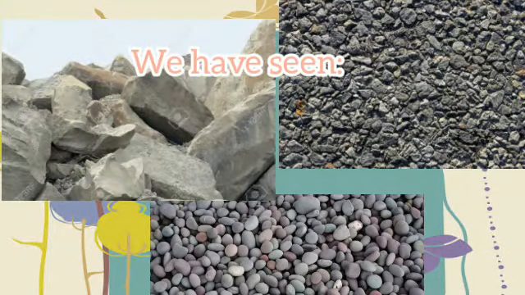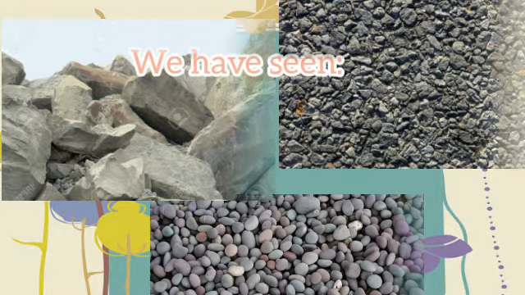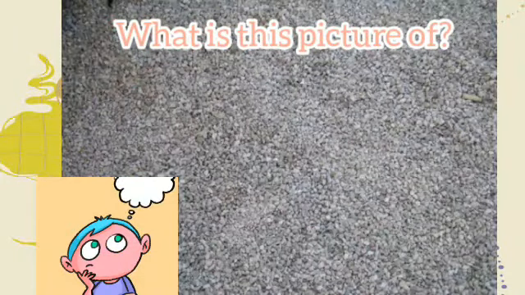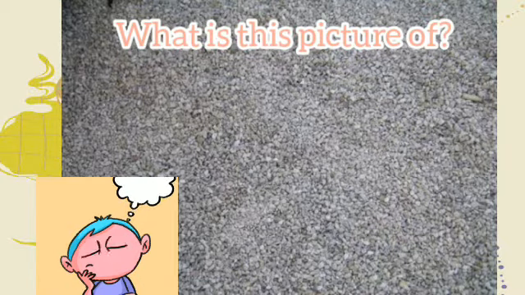Up till now, students, we have seen what are rocks, stones, and pebbles. Let us move ahead and see what's coming up next. Oh, again, we have a picture waiting for us. What is this picture of? Yeah, now you will tell me, ma'am, these are the tiny stones, very small, tiny ones.